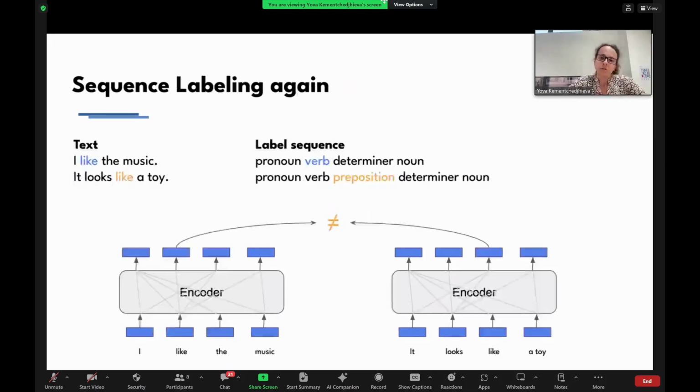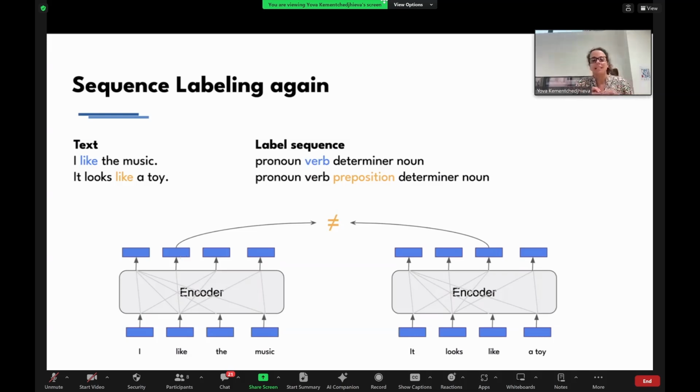And coming back to sequence labeling, where we had this problem with the word like, we're now not going to run into this problem, even if we stick to the simple approach of classifying each word independently, because the representation of like here on the left side is not going to be the same as the representation of like on the right side.